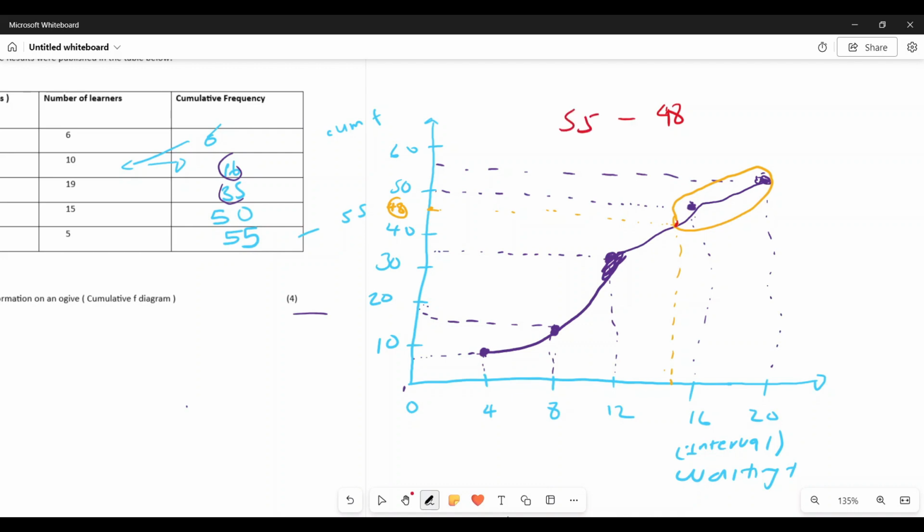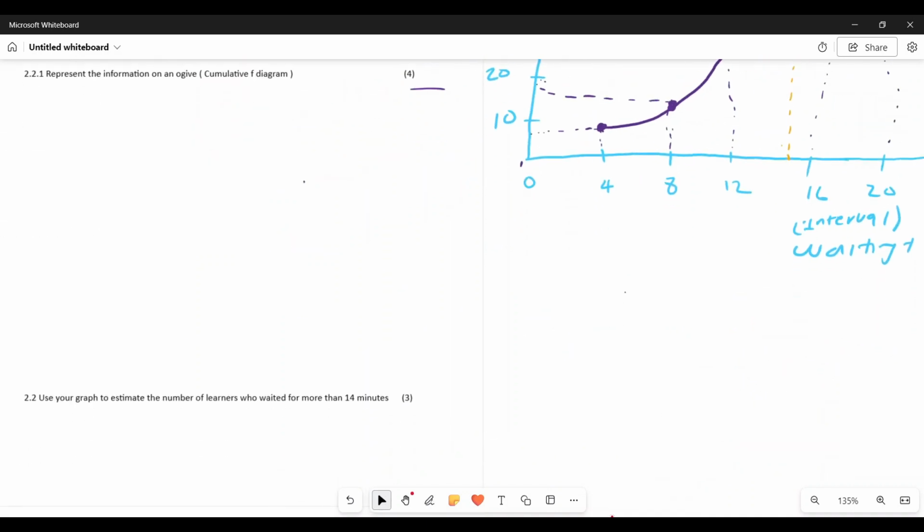So 55 minus 48 would give me the number of learners who waited for more than 15 minutes, and this should be equal to 7 according to my graph. I'm representing this portion right over here. So approximately, 7 learners waited for more than 14 minutes.